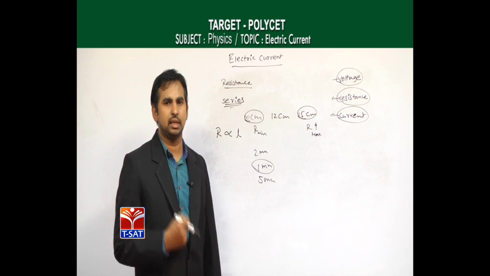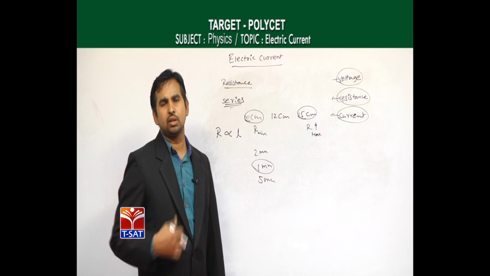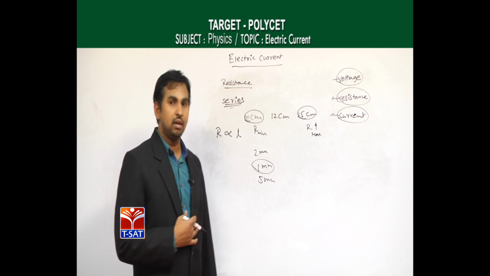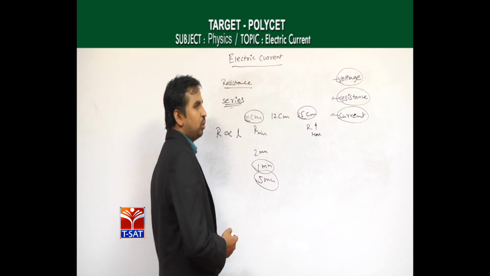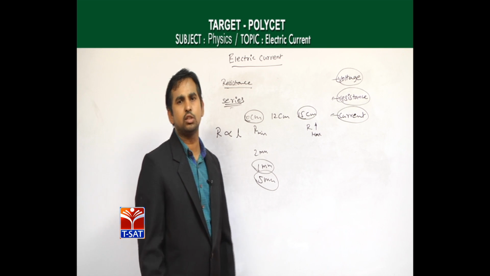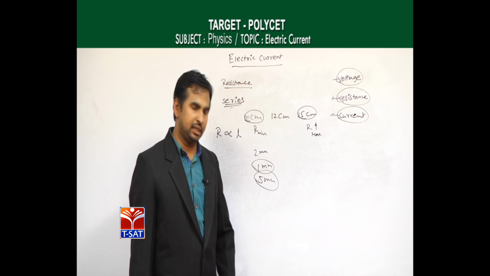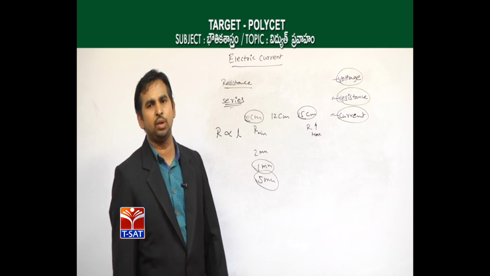As the thickness is less, the resistance is more, and as the resistance is more, the passage of current will be less. Whereas for the 5 mm wire, which has more thickness, the resistance value is less, so the current passing through it will be more.